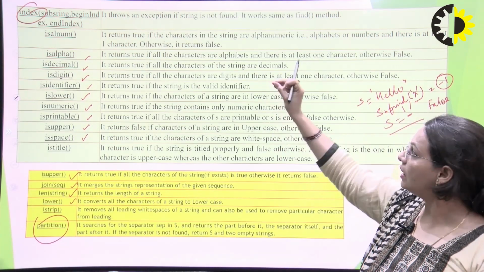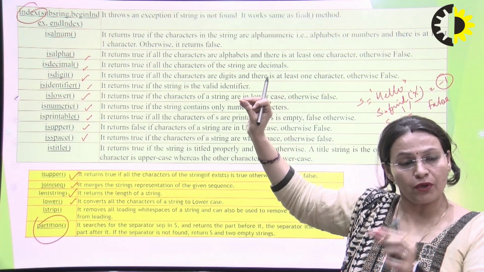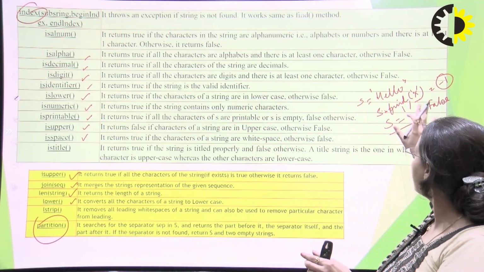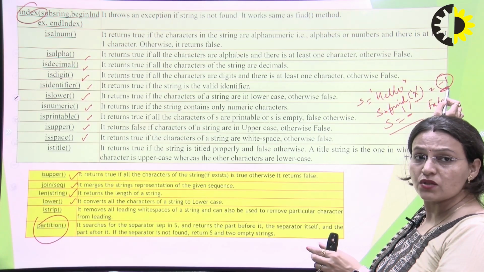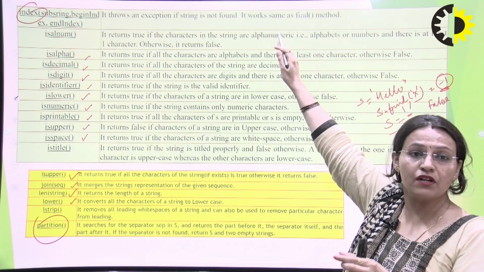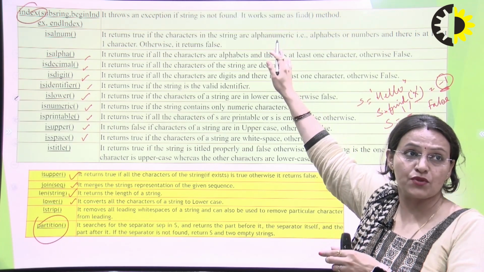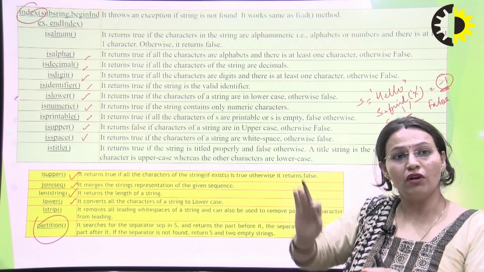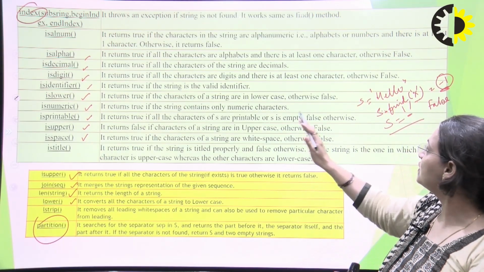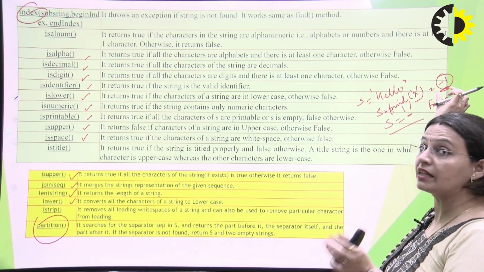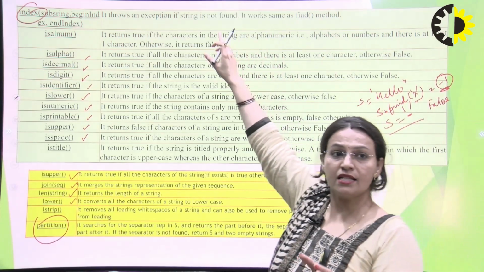But if the substring is not found, in that case when find gives output -1, the index function will throw an exception. It works very similar to the find function. The difference is only that if the string is not found, find function will give the output -1, but index will throw an exception.